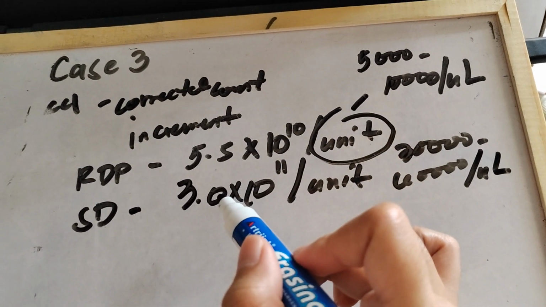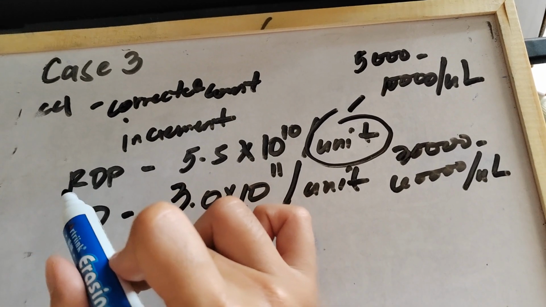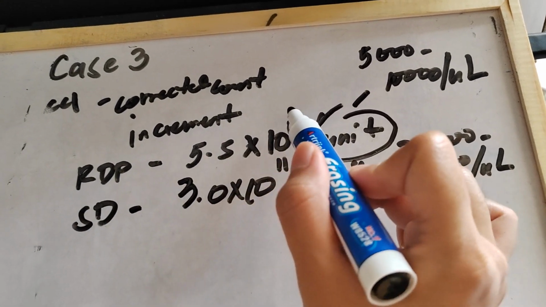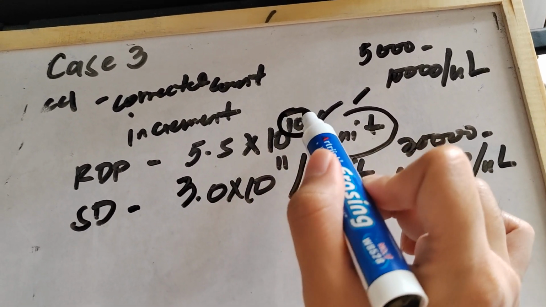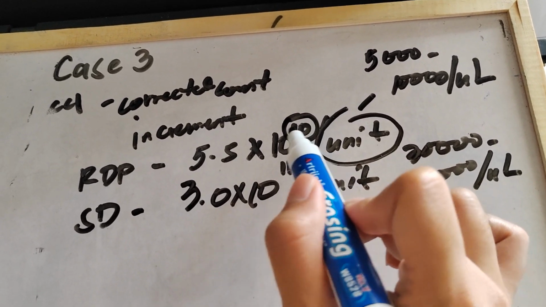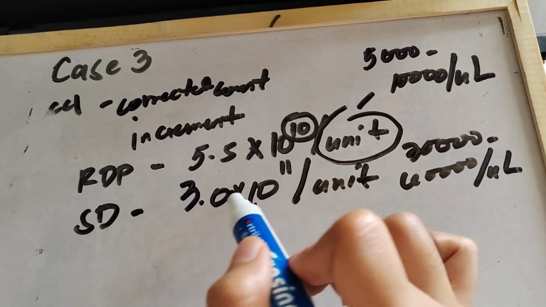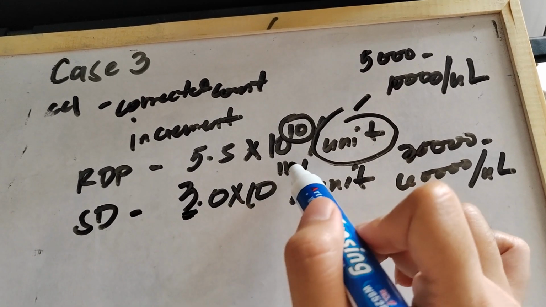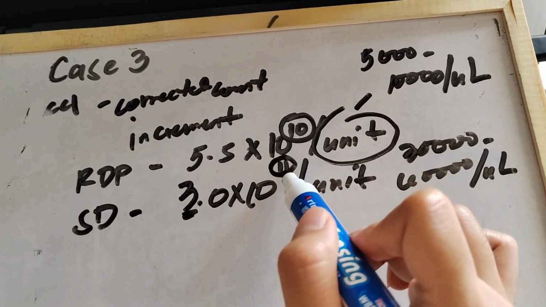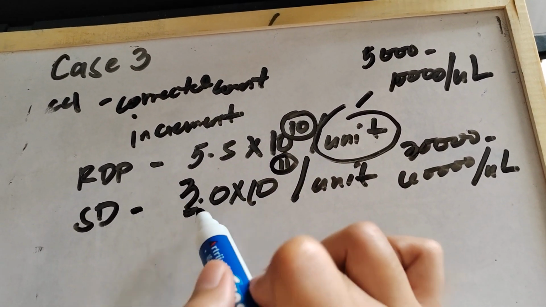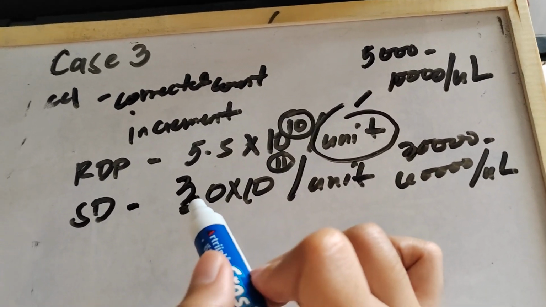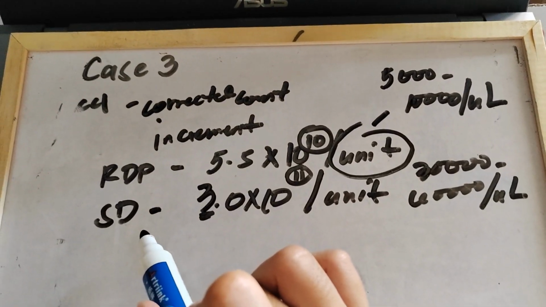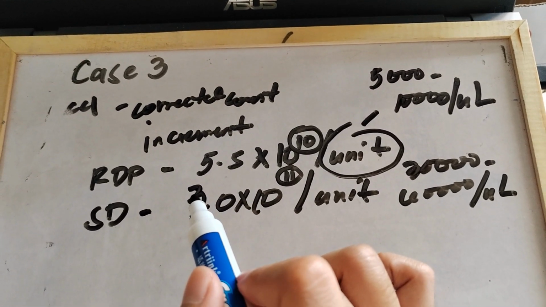Don't be confused about which of the two is higher. Random donor is 5.5, but times 10 raised to the power of 10 only. The single donor from apheresis has a lower number, but its exponent is 11, so it has more zeros. So apheresis provides more platelets. Take note of this.